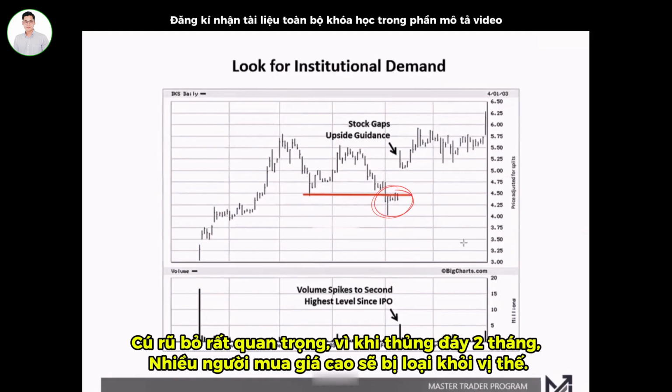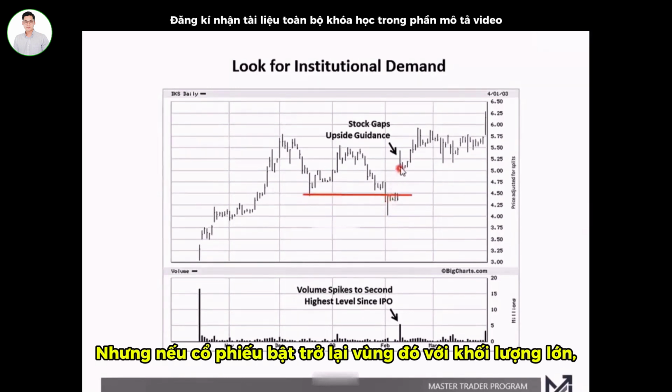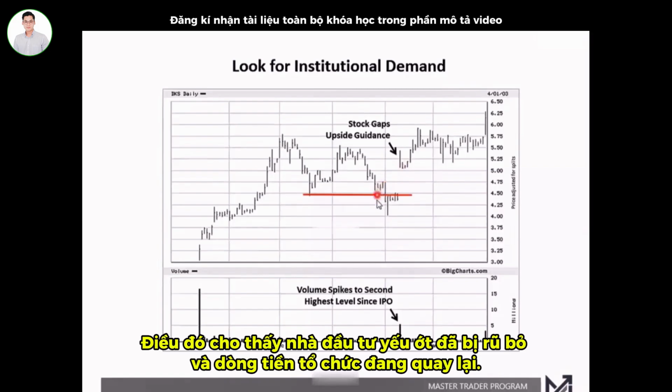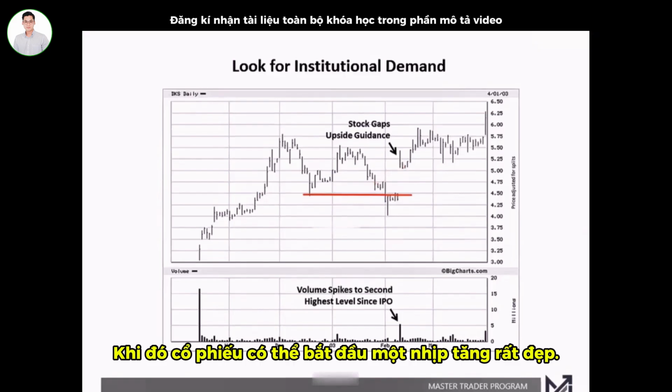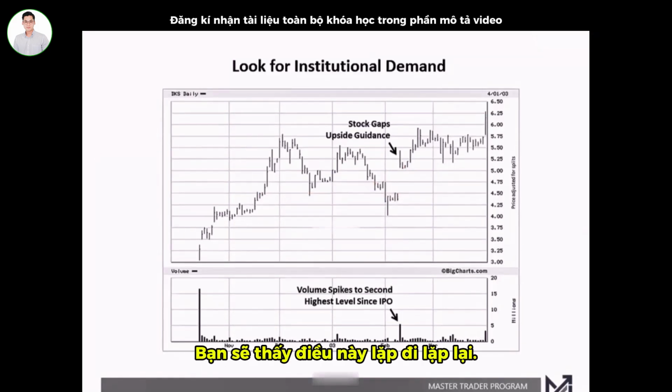You usually shake out a lot of investors that bought at higher prices. But if you can come back up and through that, especially on big volume, that's telling you you shook out weak holders, and now you've got some institutional demand coming back in, and that should set that stock off for a really nice run.